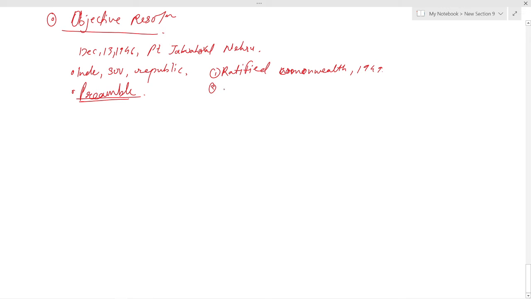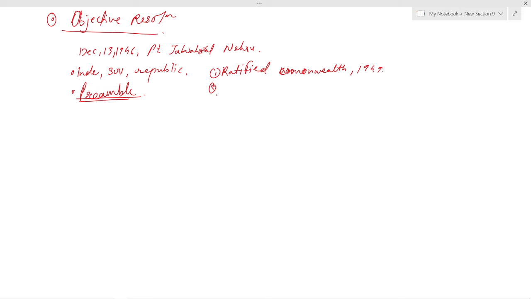It adopted the national flag in 1947. It adopted the national anthem in 1950. It adopted the national song in 1950, and it elected Dr. Rajendra Prasad as the first President of India on January 24, 1950.